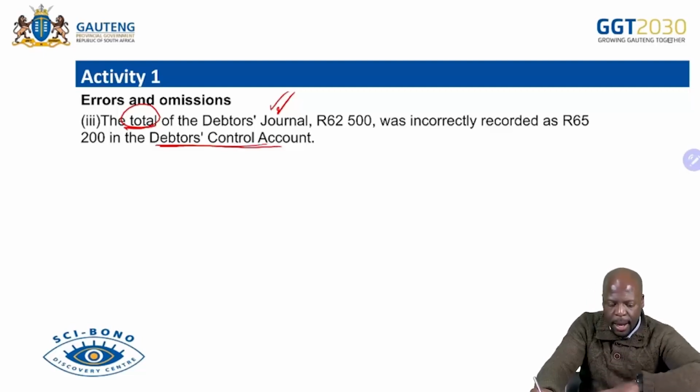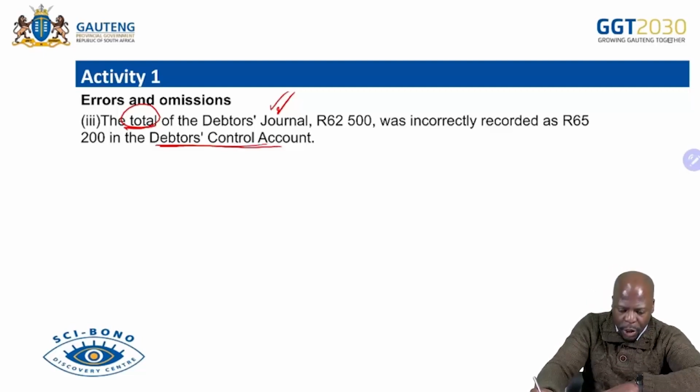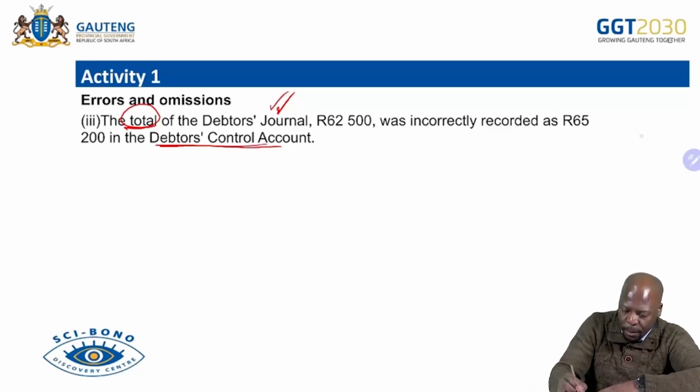And then they say the total in the DJ of 62.5 was incorrectly recorded as 65.2. So this error is overstated. I'm going to do some subtractions here, whereby we recorded 65,200, and then it was supposed to be 62,500.